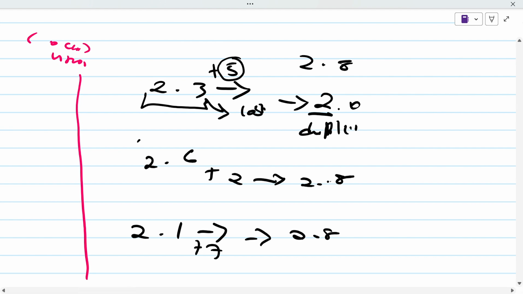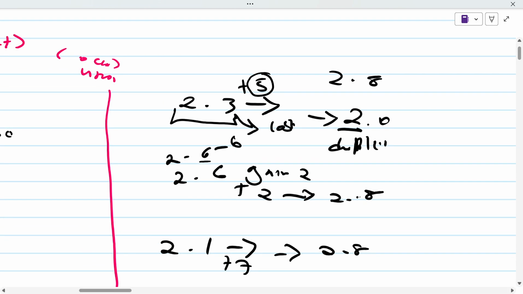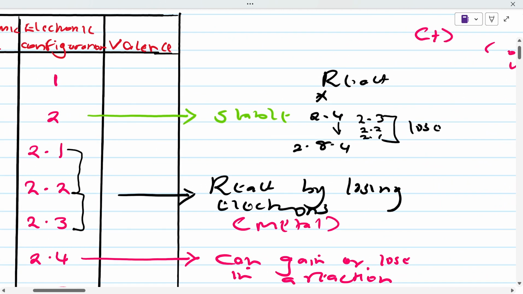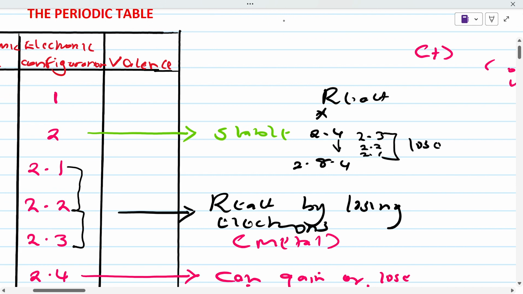And an element that has 2-6 cannot lose the 6, but it would rather gain 2, because losing 6 will require a lot of energy. So it will gain 2 to become stable. So the number of electrons an element either loses or gains to become stable is its valency. And that's the last stage that I'm coming to.